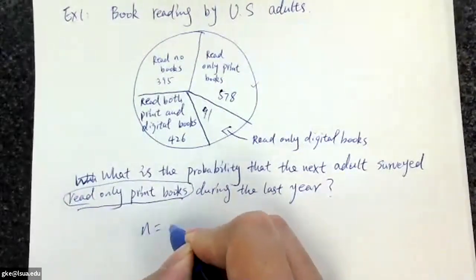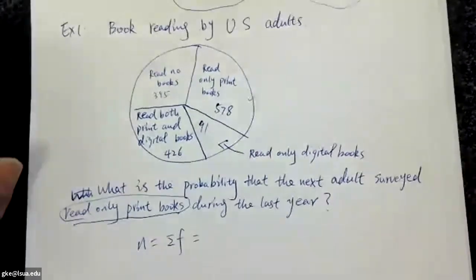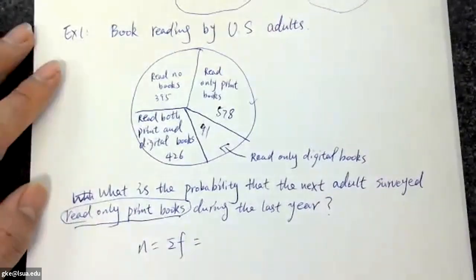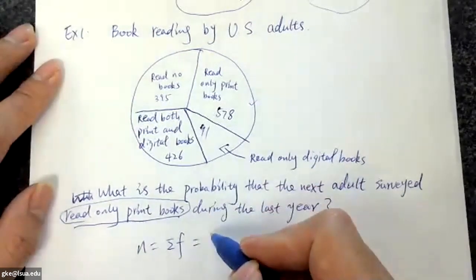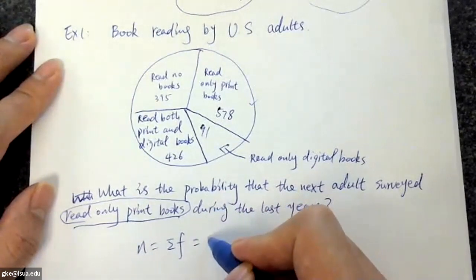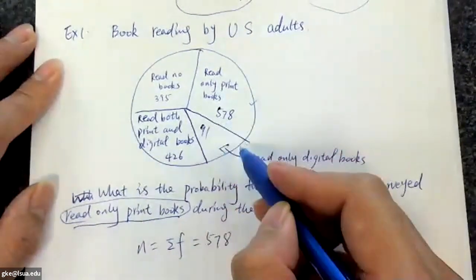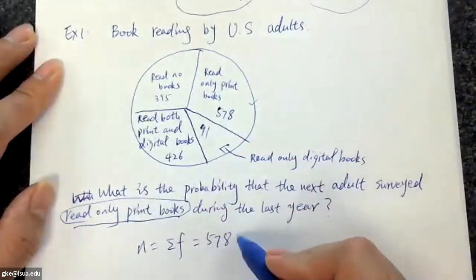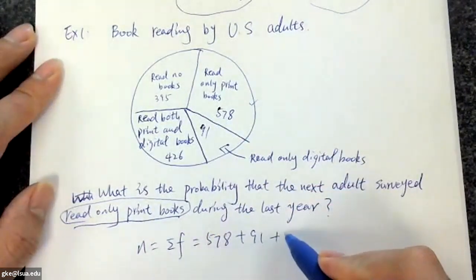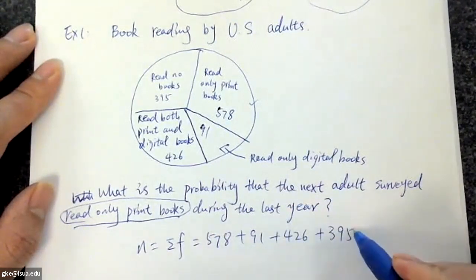So I'm gonna add all the numbers: 578 plus 91 plus 406 plus 395.